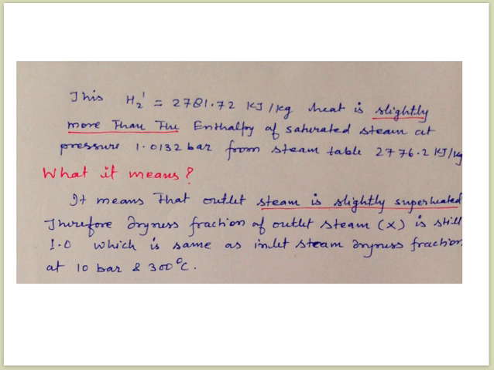Now H2 dash is slightly more than the enthalpy of saturated steam at a pressure of 1 bar from the steam table, which is 2776.2. What does that mean? It means that the outlet steam is slightly superheated. Therefore the dryness fraction of the outlet steam is still 1, the same as the inlet steam at 10 bar and 300 degrees centigrade.